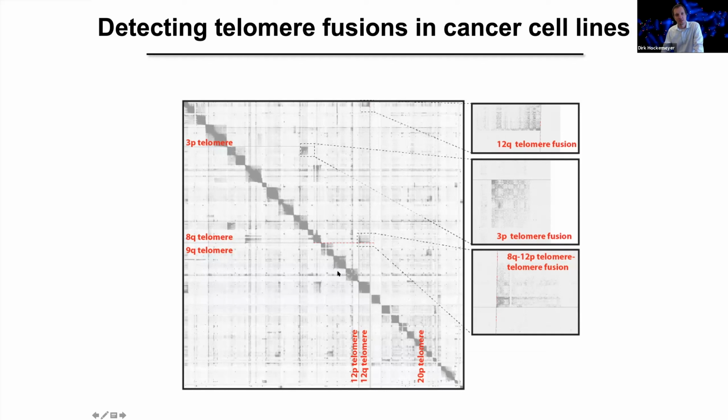And so this is just the initial analysis of this particular cell line, but we believe that this is actually a really sensitive assay to detect these events and then to deconvolve how the genomic instability in this cell line occurred.